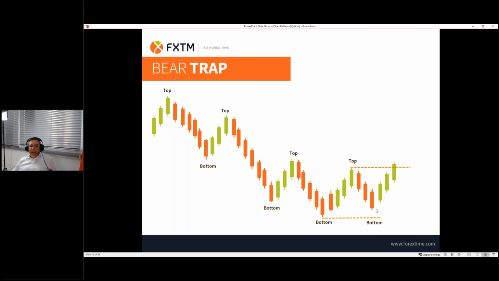Never forget to place a stop loss here because you never know what is going to happen. And sometimes this is going to happen. Prices, instead of moving higher, they go lower. And this is what we call a bear trap.